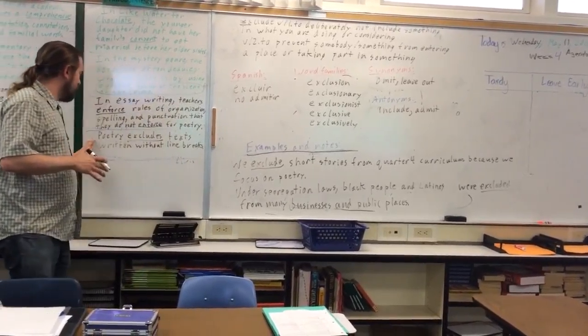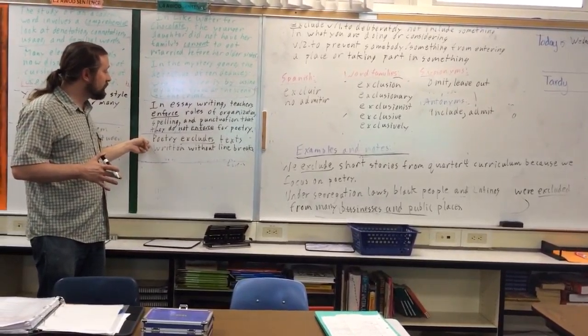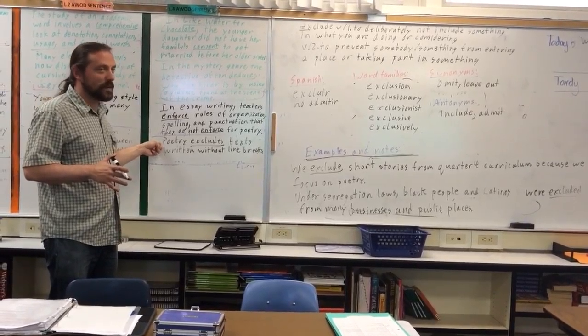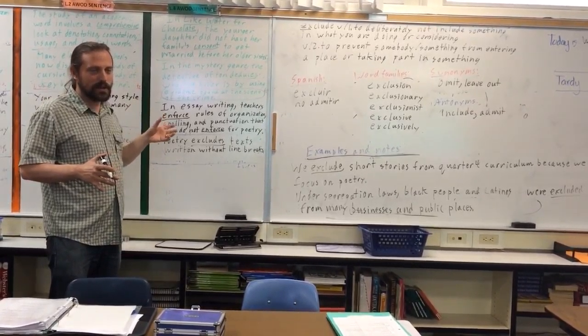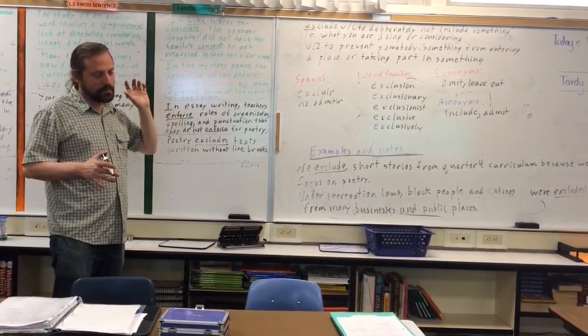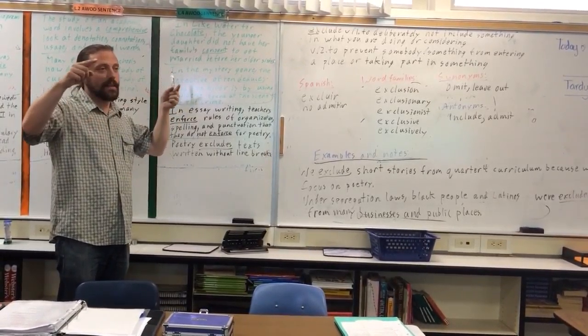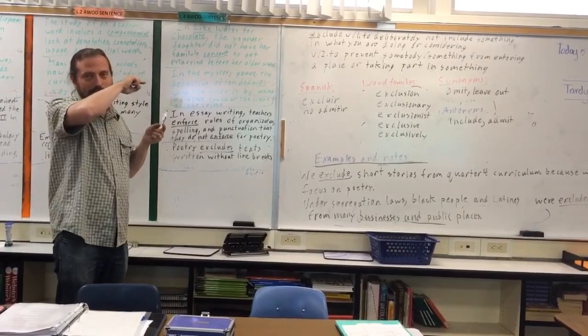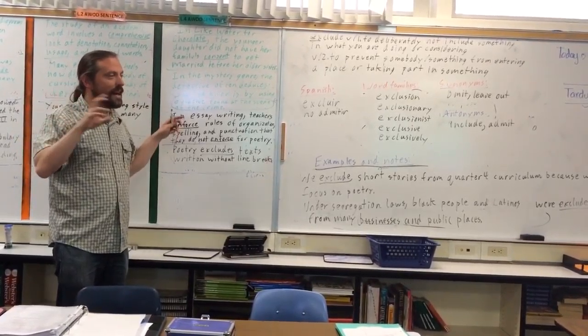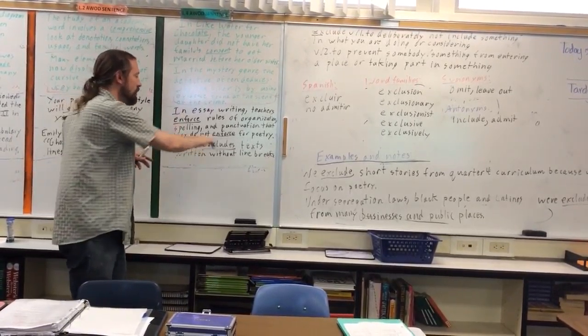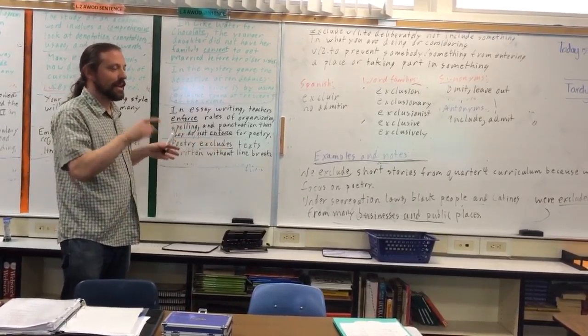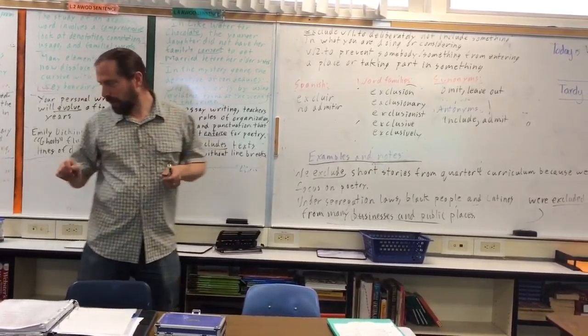Here we have a sentence about poetry. Poetry excludes text written without line breaks, because we said the basic definition of poetry is that poems have to have line breaks, which means the line doesn't go all the way across the page. If you have a text where the line goes all the way across the page, you can say that's not poetry. Poetry does not include that.